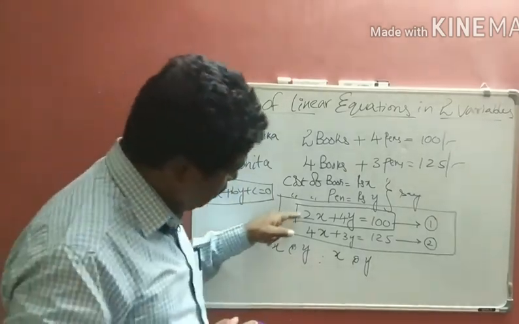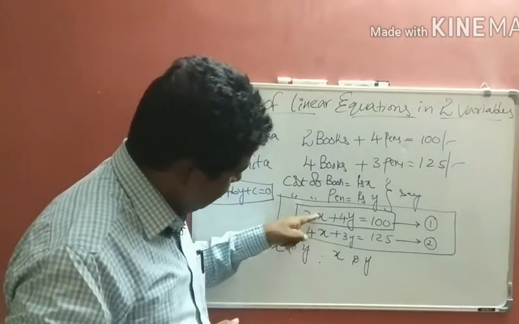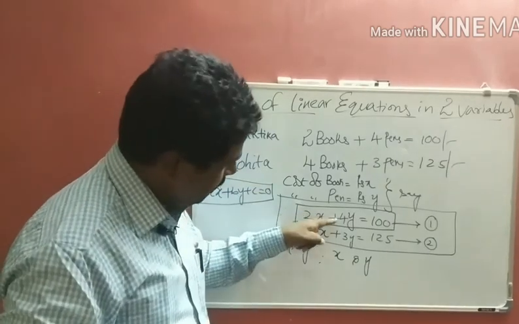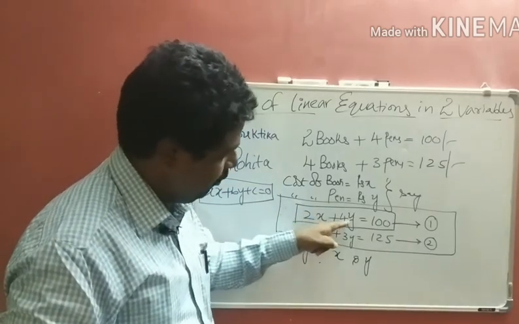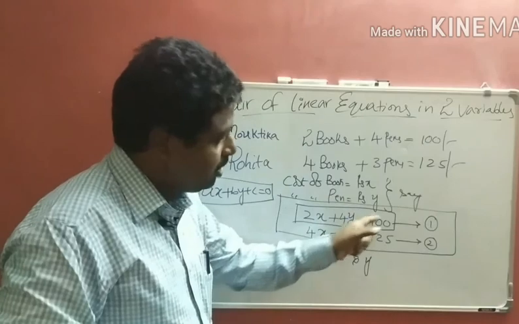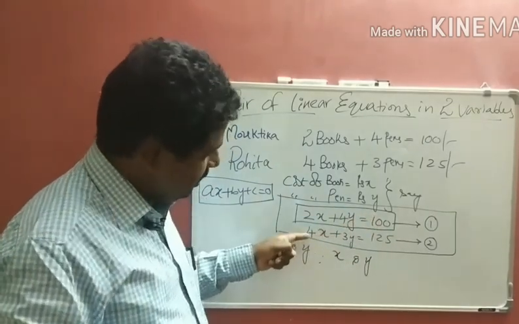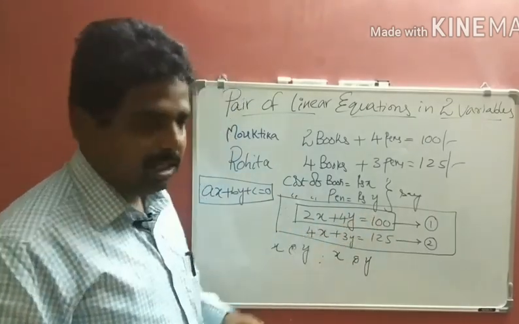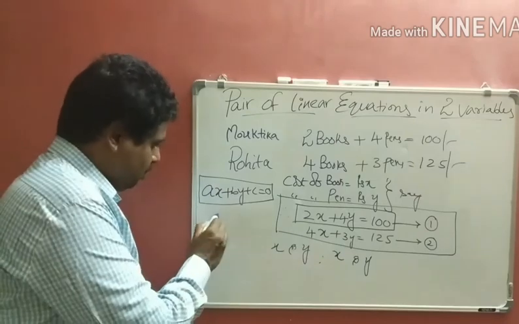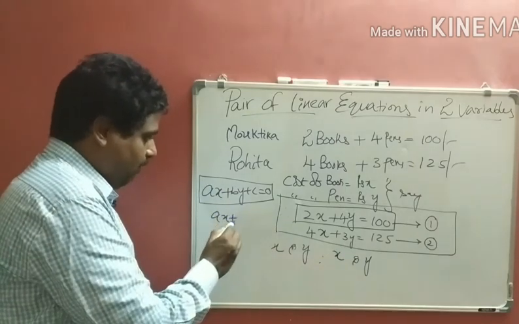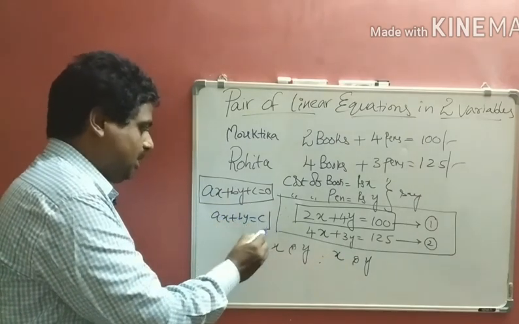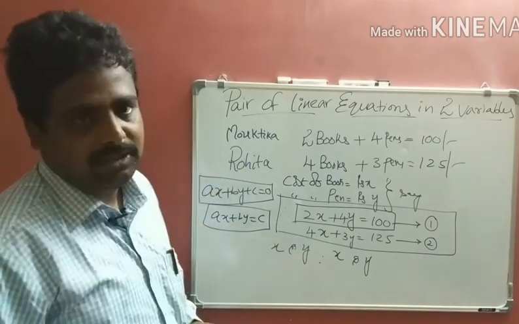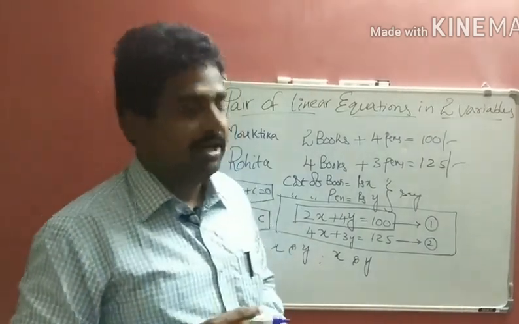These two are in the form of ax, in the place of a we have 2, plus by, in the place of b we have 4, plus c is equal to 0 or is equal to c, whatever it may be. This is also ax plus by is equal to c, or ax plus by plus c is equal to 0. Nothing to worry, both are the same general form of a linear equation.